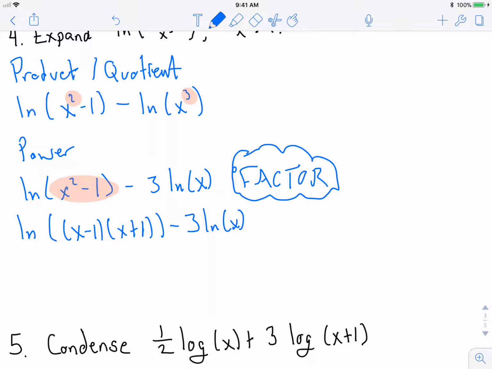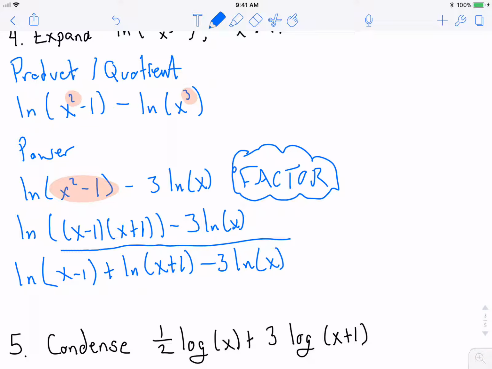And now that we have multiplication on the inside, we can break that up and make two more logarithms. Natural log of x minus 1 plus natural log of x plus 1 minus 3 natural log of x. And now this is as simple as we can make it. There's no more complex terms inside the logarithm. There's nothing more to factor, and there's no more multiplication.